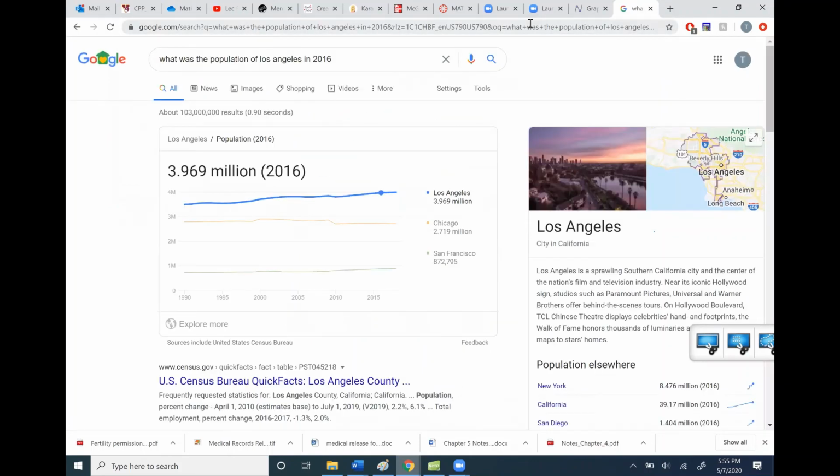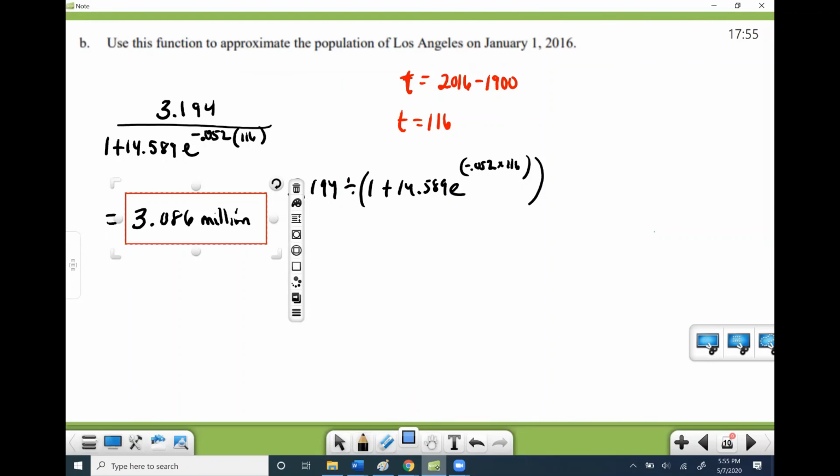There would only be an estimate. Oh, okay. 3.969 million, and we got 3.086. Okay. Yeah, this is quite some time to go back to use a 1900. If we went a little bit closer, we'd probably be more accurate, but it's not too bad.